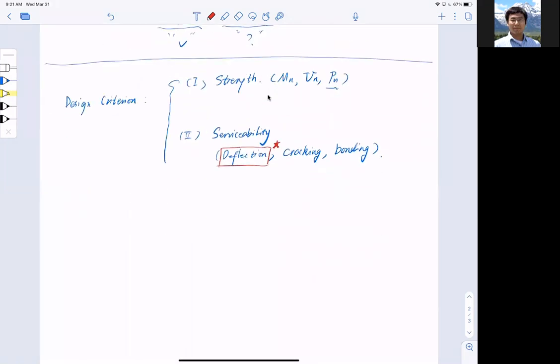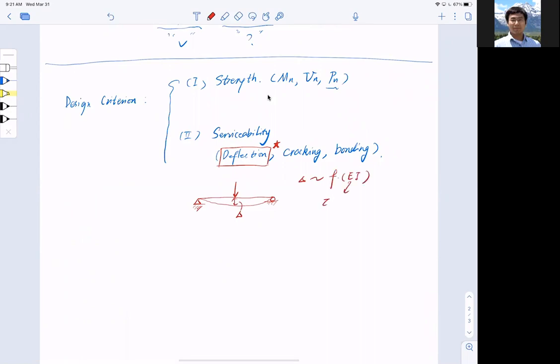Right? So what is deflection? Say, take an example of a simply supported beam, right? If I have a concentrated force, of course, the beam will deflect in such a manner that it will gain a maximum deflection here in the middle of the span, delta, right? And if you remember from your structural analysis class or mechanics of materials, this delta is usually a function of EI.